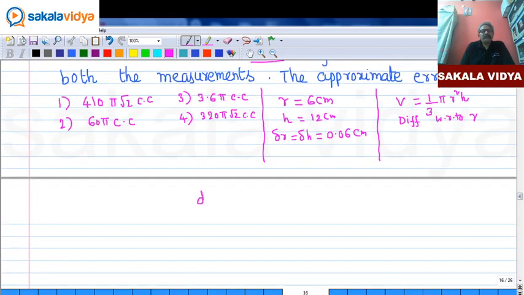So, that means dV by dr equals 1 by 3 pi constant, r square h, UV model, r square into dh by dr plus h into differentiation of r square with respect to r.